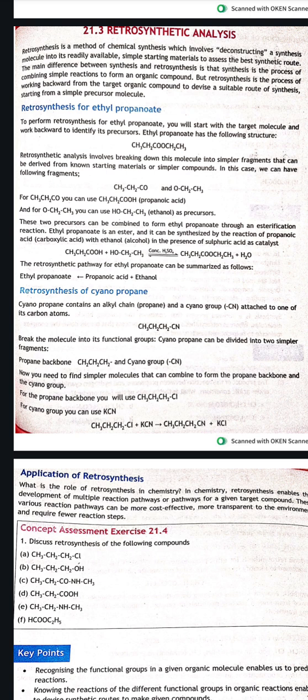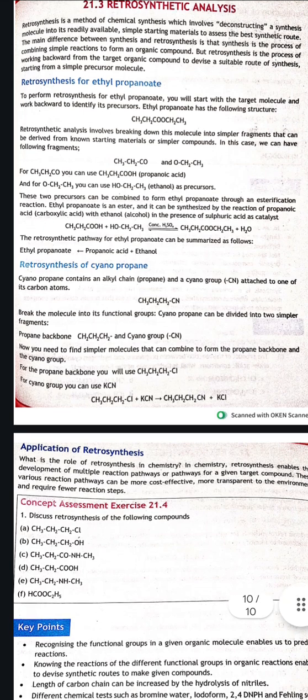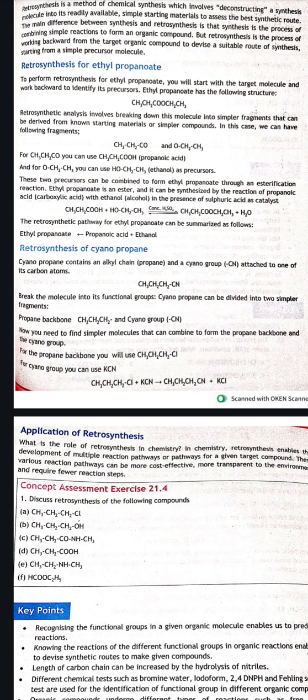The main difference between synthesis and retrosynthesis: synthesis is the process of combining simple reactions to form an organic compound. Retrosynthesis is a process of working backward from the target organic compound to devise a suitable route of synthesis, starting from a simple precursor molecule. We will look further into this.